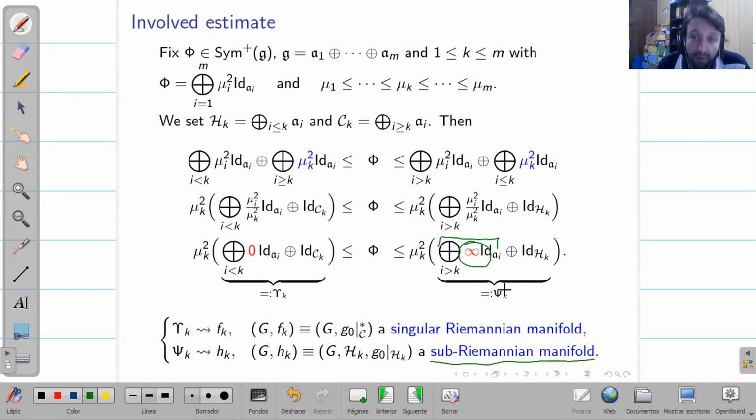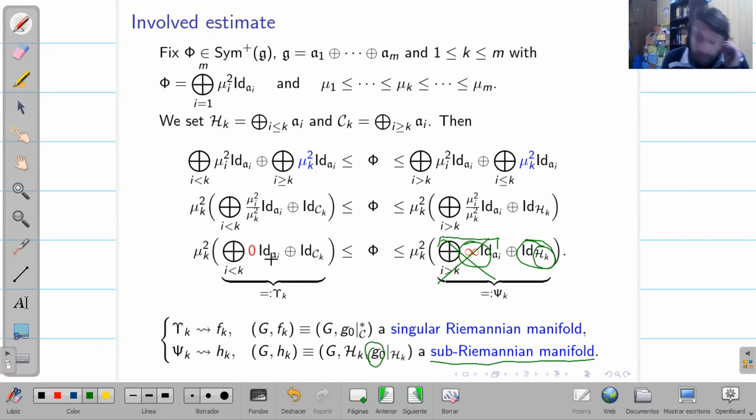The admissible curves are those such that the velocity vector always lies in HK. And what is going to be the inner product? The fixed inner product restricted to this subspace. This is why this is the identity and this is not allowed. I guess this is quite difficult, but for people with basic knowledge of sub-Riemannian manifolds, this was easy enough.